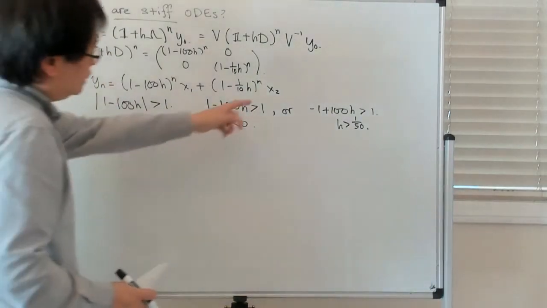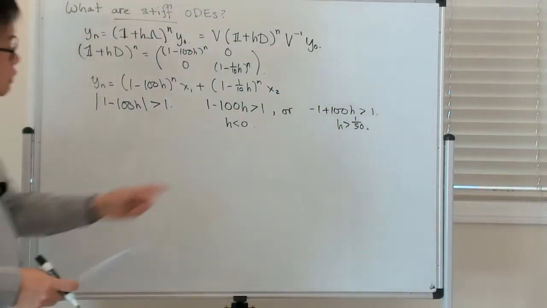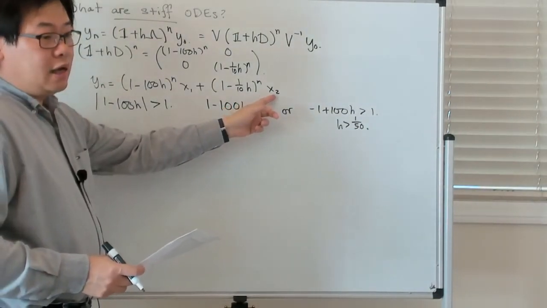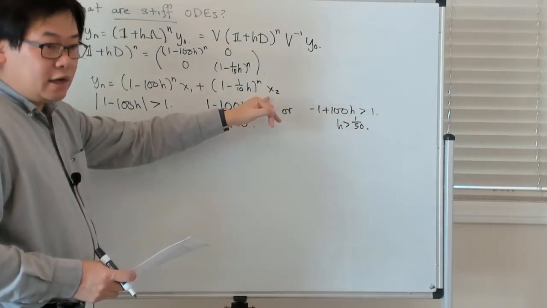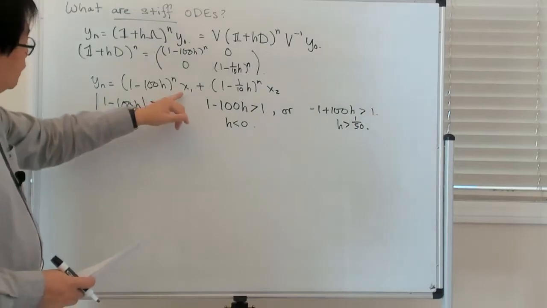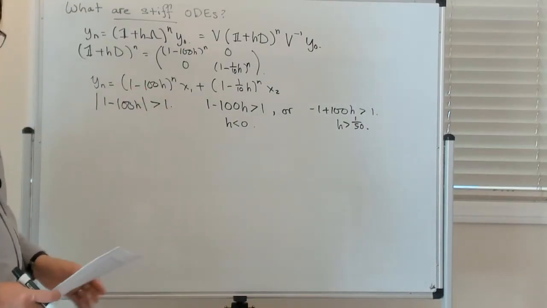This x2 term more or less corresponds to some multiple of the eigendirection corresponding to the minus 1 over 10 eigenvalue, and this of course corresponds to the eigendirections corresponding to the minus 100 eigenvalues.